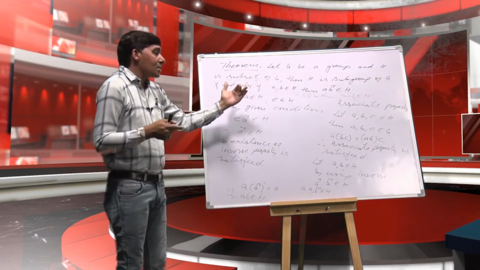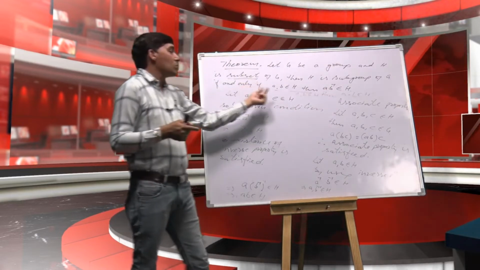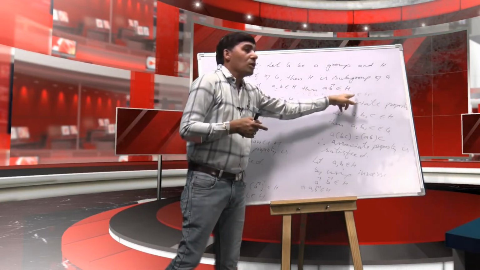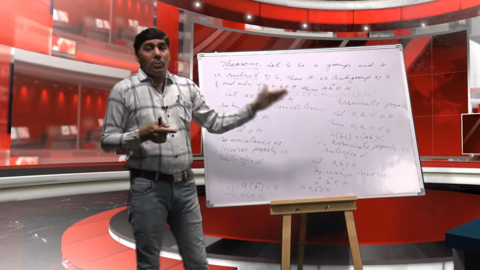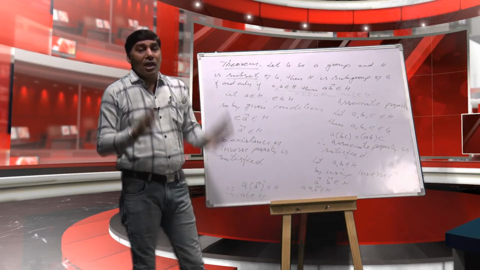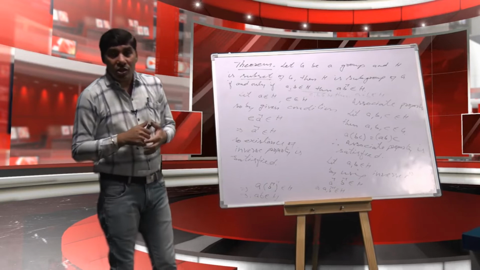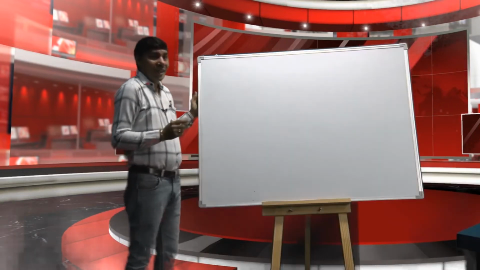So both results are the same. So if a, b belong to H, then a minus b belongs to H, then H becomes a subgroup with respect to the binary operation addition.